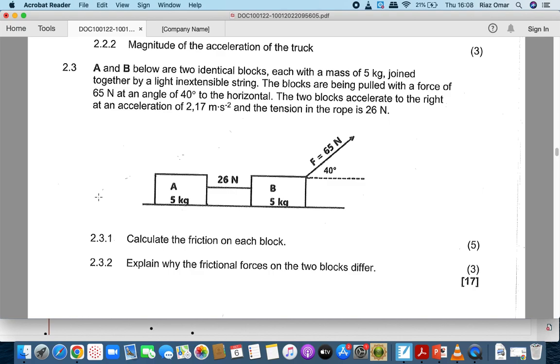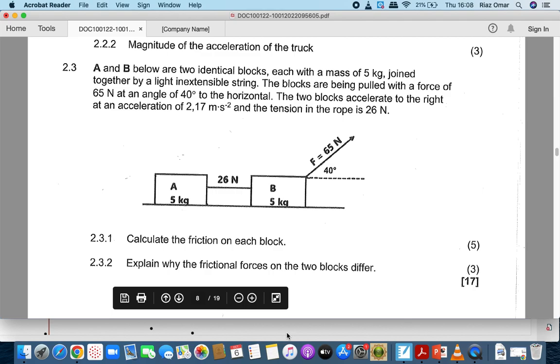2.3.2. Explain why the frictional force on the two blocks differ. Why do the frictional forces on the two blocks differ? We see that in this case the applied force is horizontal, and in this case the applied force has an angle of 40 degrees.